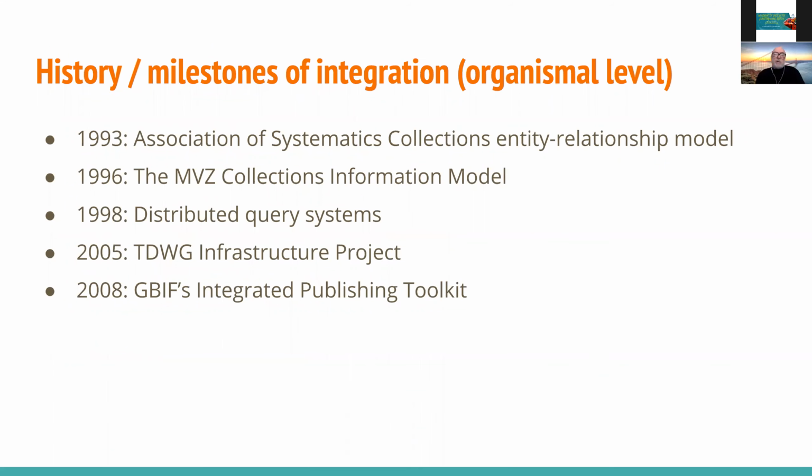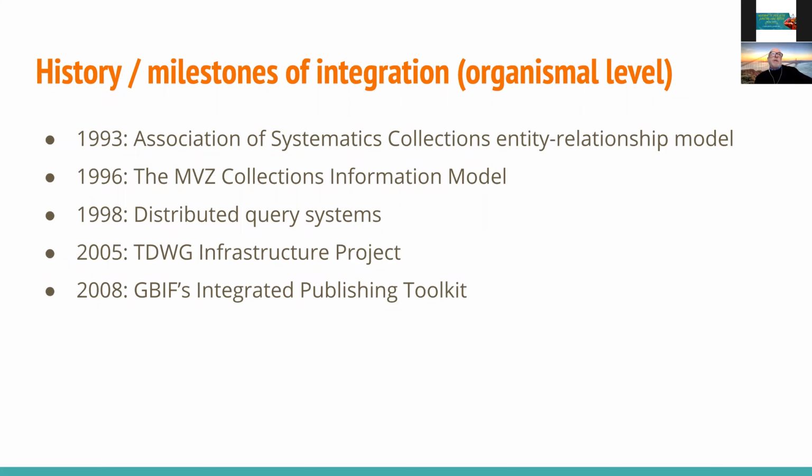I'm going to cover some of the history, which isn't quite completely chronological and steady. It's going to have a couple of loops in it, but I'm going to touch on some of the major things that I've participated in: the integration of data across museum collections and some of the biggest observation data sets.